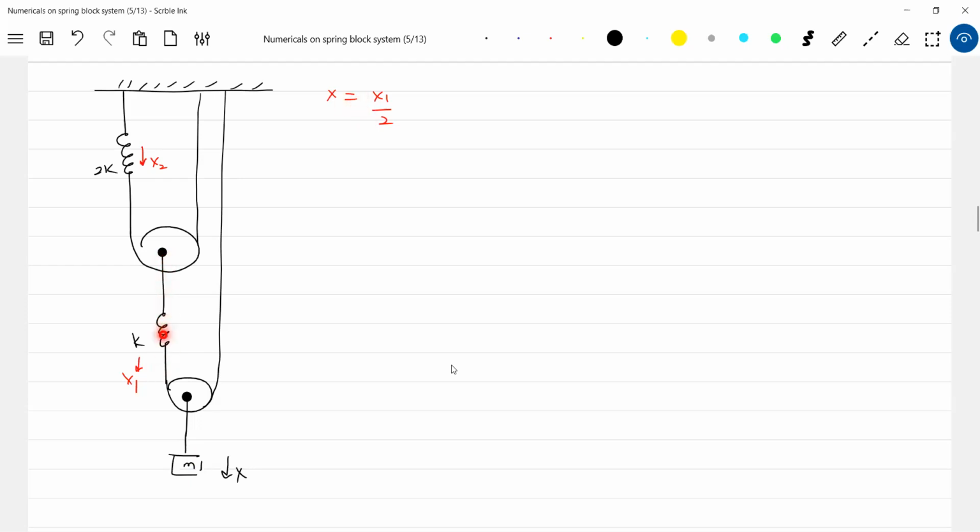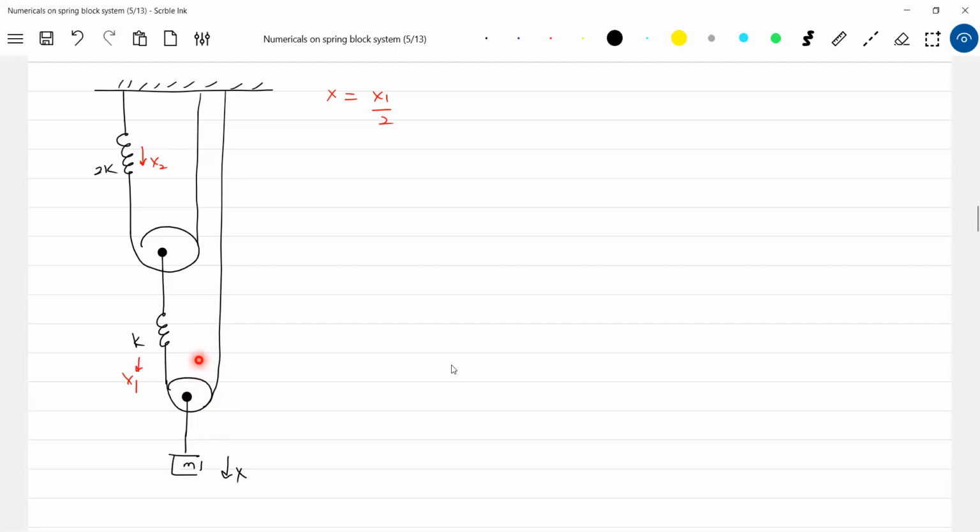Now leave this. There's no spring here. Let's assume that this is a string. Then if here it moves by 1 meter, here 1 meter will increase. So this will elongate by 2 meters.